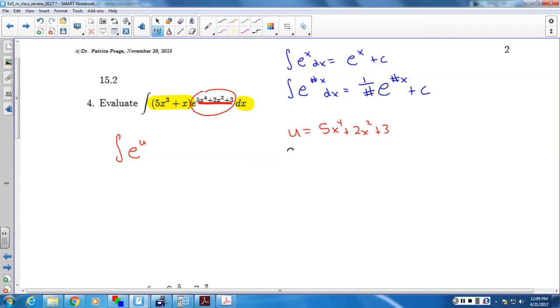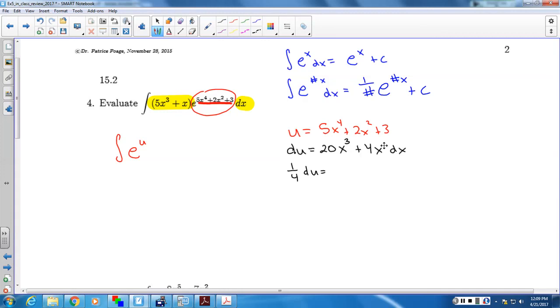So taking the derivative of u, I get 1 du equals 20x to the 3rd plus 4x dx. So what I want is 5x cubed plus x. What I have is 20x cubed plus 4x. So I need to divide that 4 from both sides. Or I could say multiply both sides by 1/4.